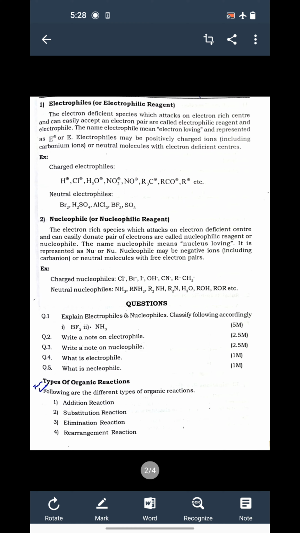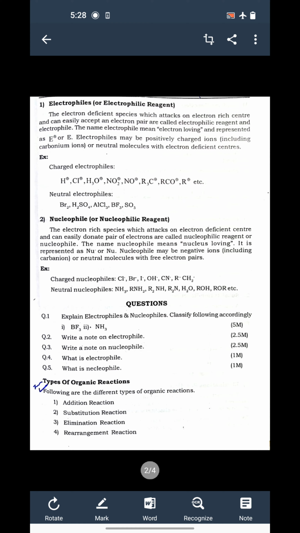They are neutral, they don't have a positive charge, but they have attraction towards electron rich species, and therefore they are also called electrophiles. So overall, electrophiles are species that may be positively charged or neutral, but they always get attracted towards the electron rich center.